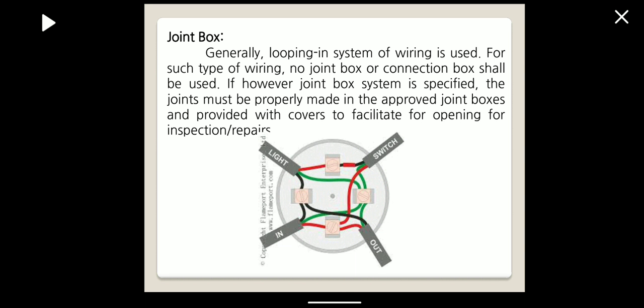If, however, a joint box system is specified, the joints must be properly made in approved joint boxes and provided with a cover to facilitate opening for inspection or repair. And the joint box looks like this. This joint box is always provided to make connections, and sometimes for checking, inspection and repair. So the joint box is very important.